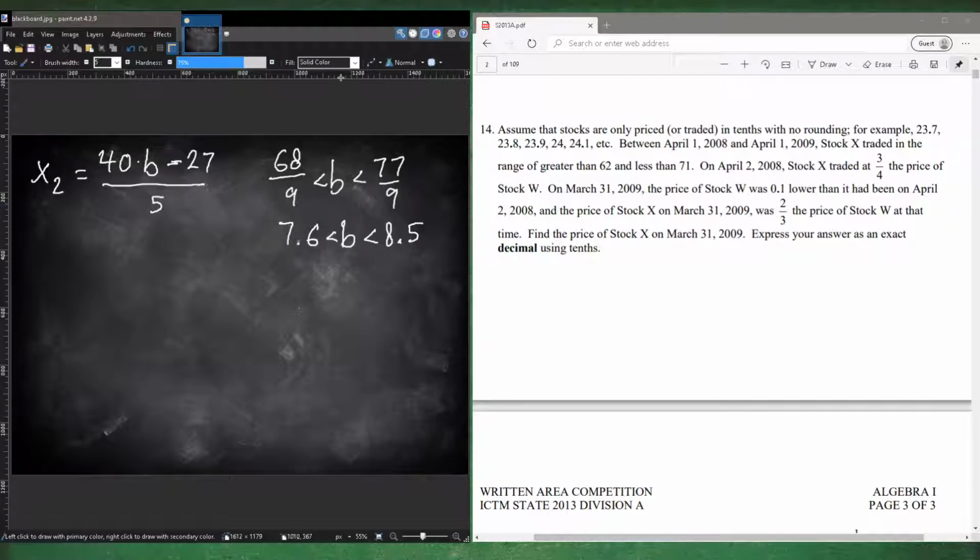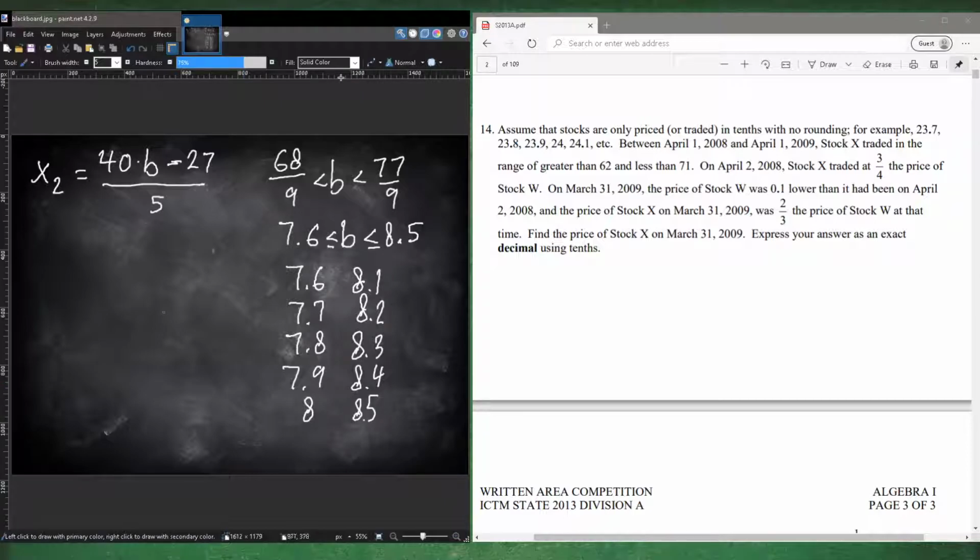Okay, so all the numbers less than or equal to that. So the numbers we could test are 7.6, 7.7, 7.8, 7.9, 8, 8.1, 8.2, 8.3, 8.4, and 8.5.